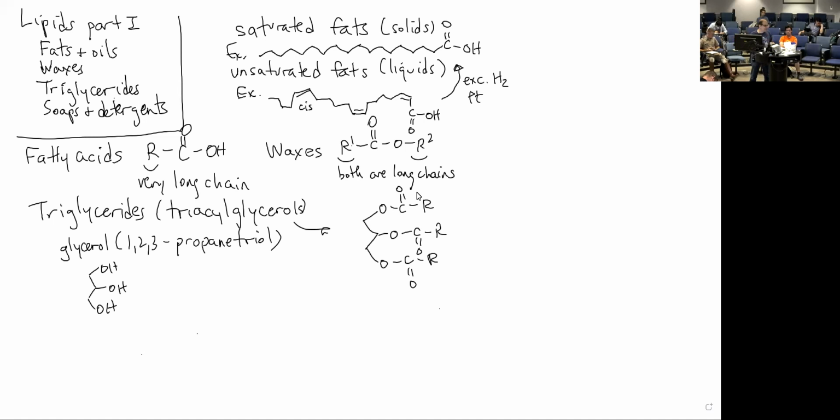They're essentially triesters of glycerol with 3 fatty acid molecules. And that leaves us in a good place. There are certainly other derivatives of triglycerides that we'll get to, your phosphatidates and phospholipids. I want to leave those for Monday, since we're not in any particularly huge rush here.